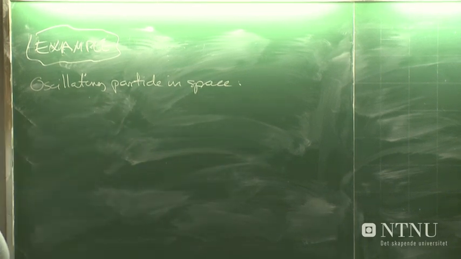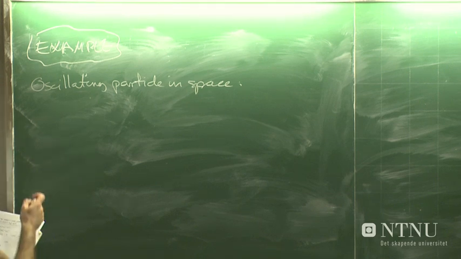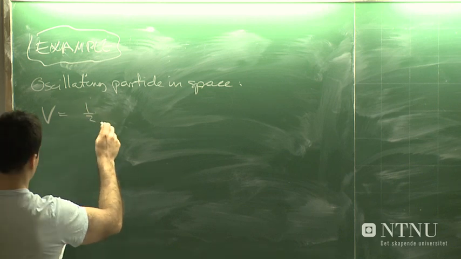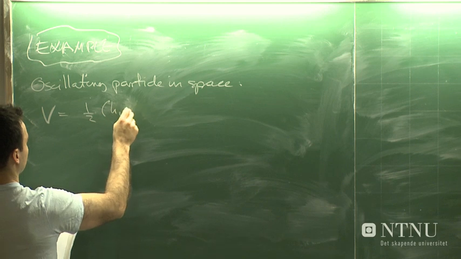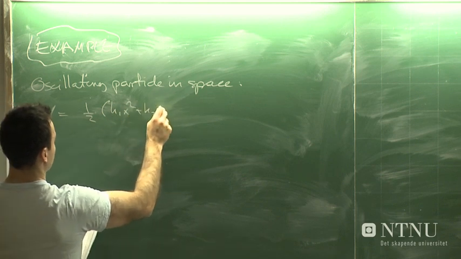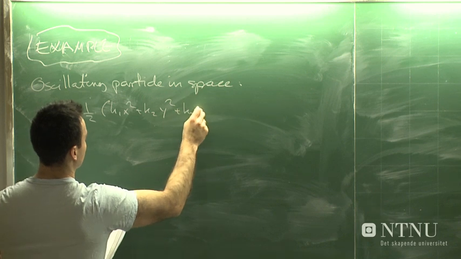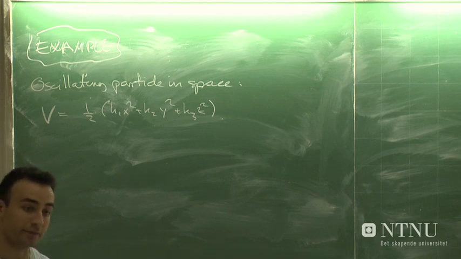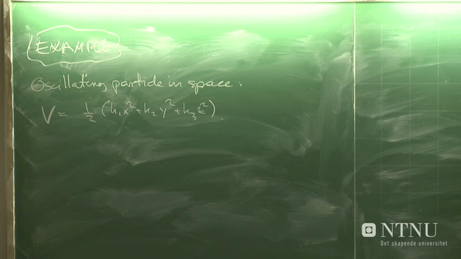So we'll have a look at an oscillating particle in 3D space. With a little twist, we now associate a different spring constant for each spatial direction.